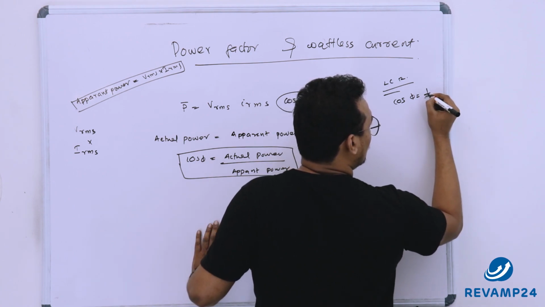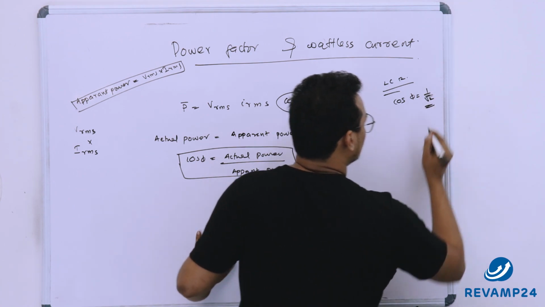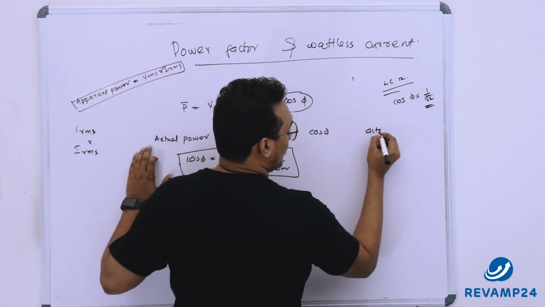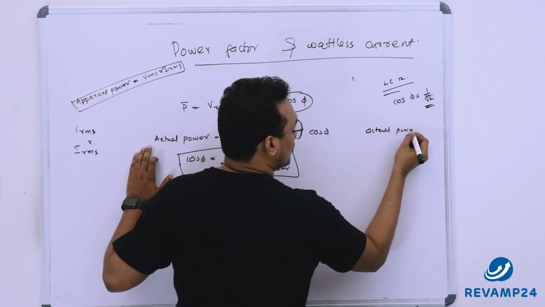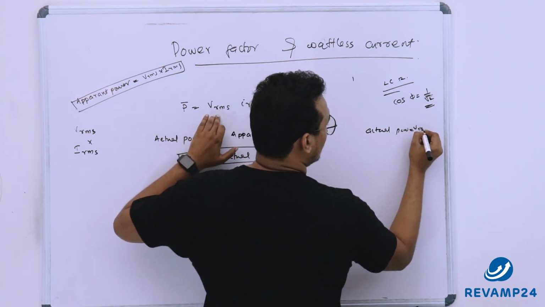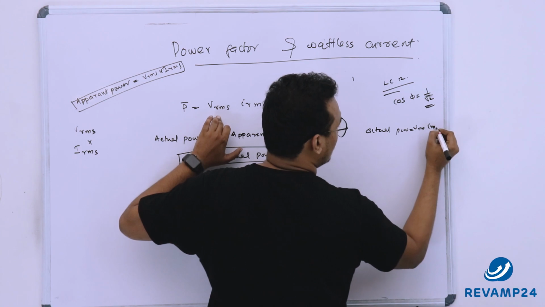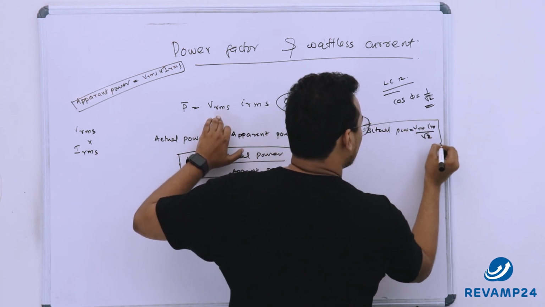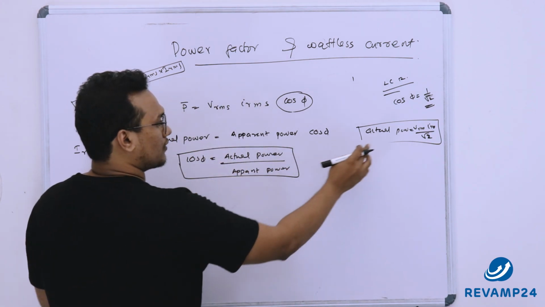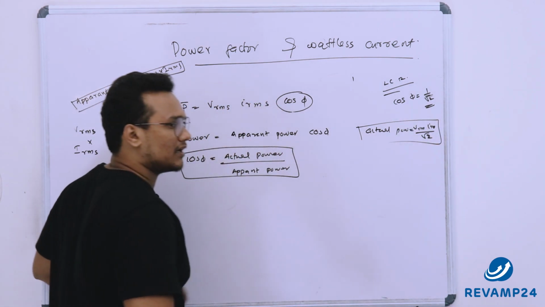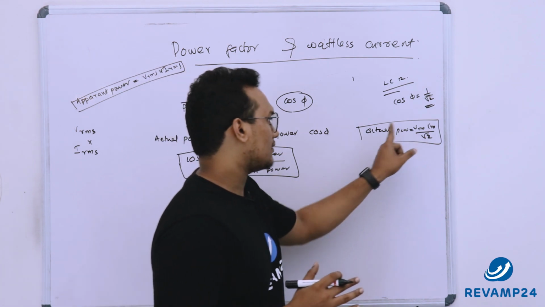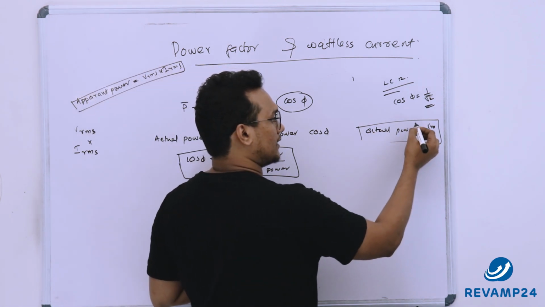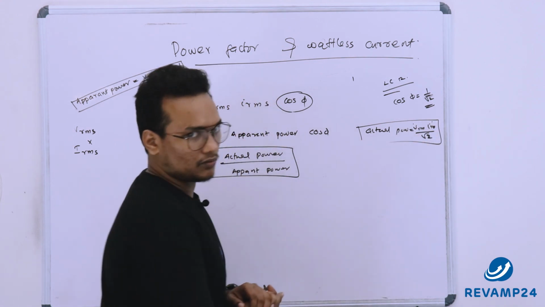What is the value of cos 45? It is 1 by root 2. So the actual power is equal to Vrms into Irms into 1 by root 2. We are expecting that it is delivering a power of Vrms into Irms, but the actual value is much less than the apparent power which we have calculated: Vrms into Irms divided by root 2.